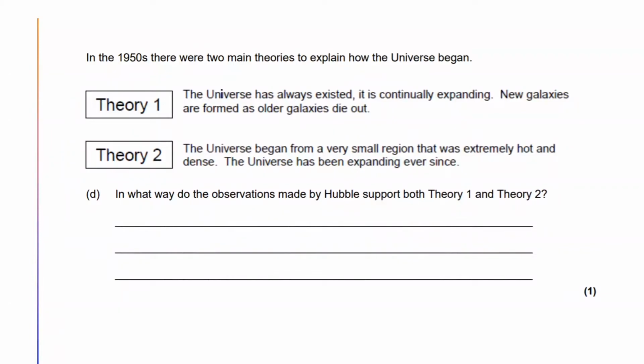New galaxies are formed as older galaxies die out. Theory 2: the universe began from a very small region that was extremely hot and dense. The universe has been expanding ever since. So the question is, there's only 1 mark. In what way do the observations made by Hubble support both theory 1 and 2?